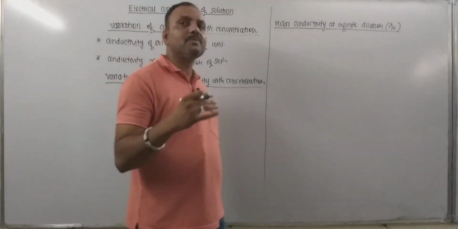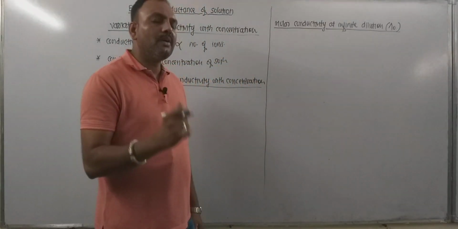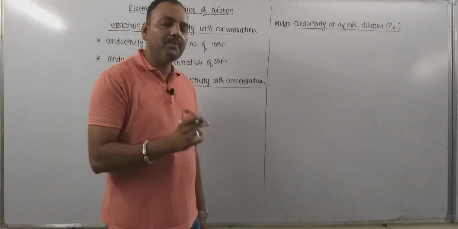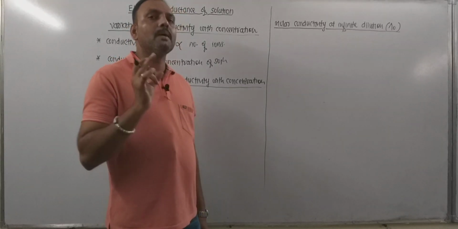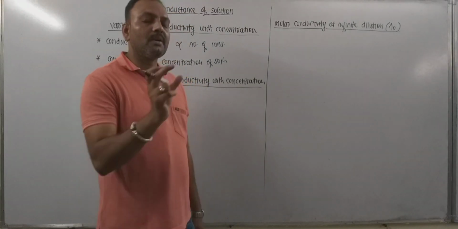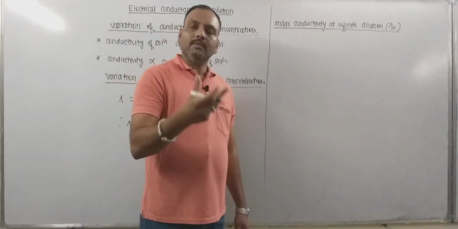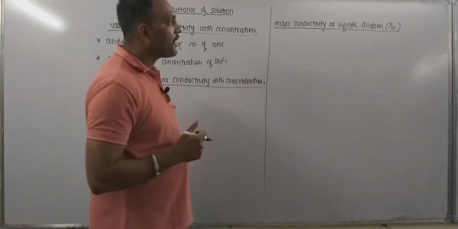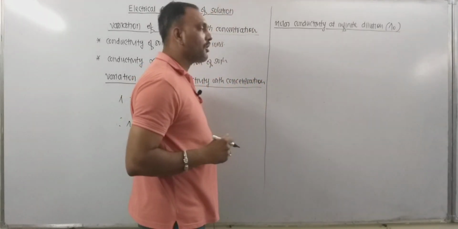After approaching that maximum value, a stage comes where further added solvent, further dilution, will not cause any difference to the molar conductivity, and that very stage is known as infinite dilution or zero concentration. And the molar conductivity reported is the molar conductivity at infinite dilution, that is lambda naught.